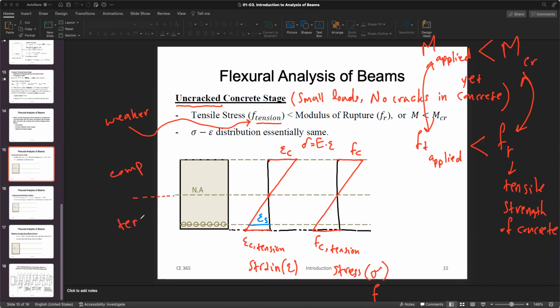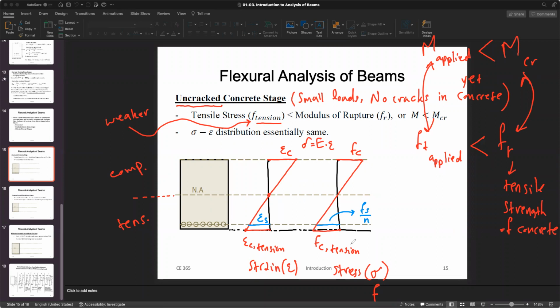Also, you are going to have the sigma for the steel, on which you would say Fs over modular ratio.